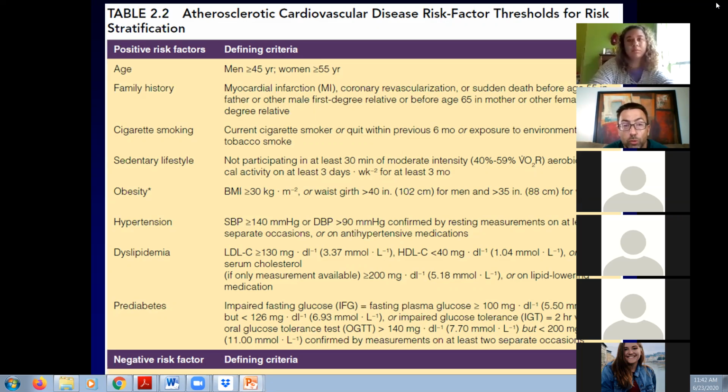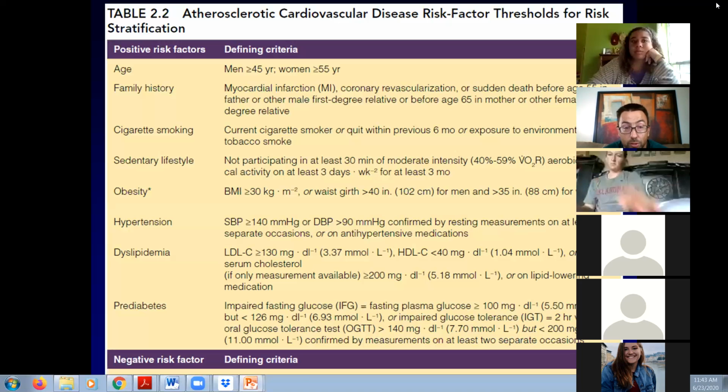Okay, so if you're under the age restrictions and you're not obese and you're not sedentary, then we won't count those against you, because the chances are, as you all will see when we get into cardiovascular disease, the chances of having elevated LDL and total cholesterol are going to really start to pick up once you're a man over 45 and a woman over 55.